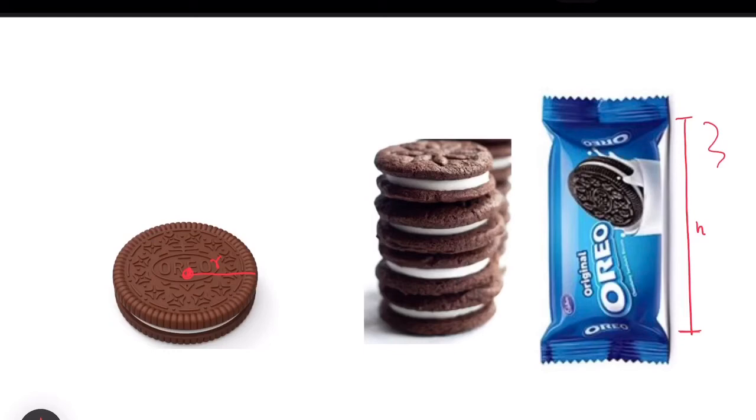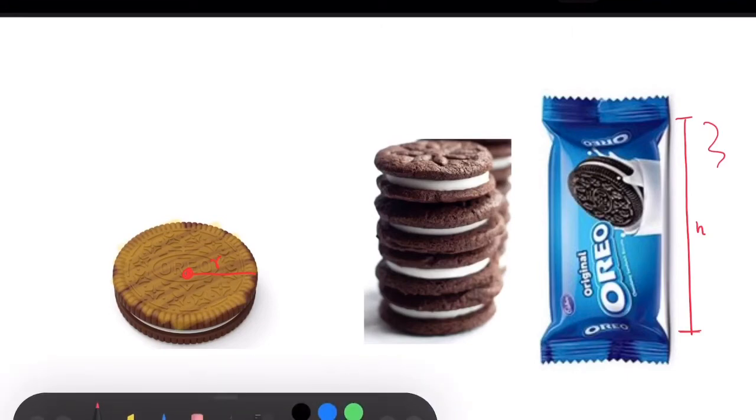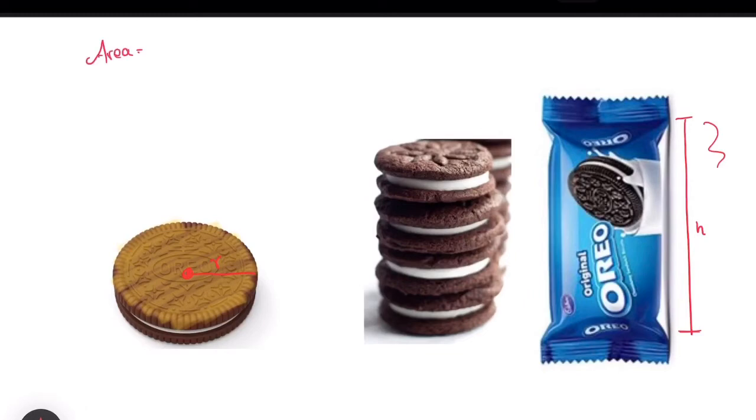Just find the area of the base, that means the area of a single biscuit, so pi times r square.